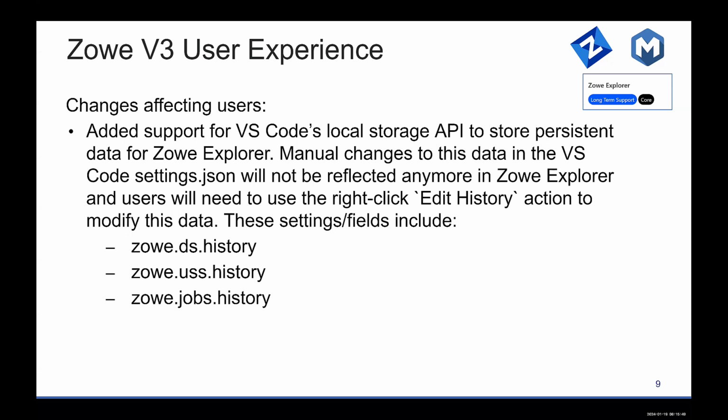This means that manual changes to certain data in the VS Code settings.json file, in this case we're talking about user history, will not be reflected anymore in Zowe Explorer, and users will instead need to use the right-click menu action to edit history to modify these settings. And the settings include dataset history, USS file history, and jobs history. And with that, I'll hand it over to Billy. Thank you.